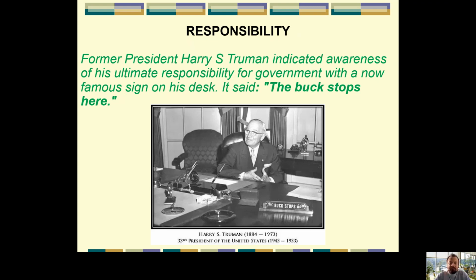What does it mean? It is a little bit of slang. Buck means like a piece of plastic, like a marker of the turn.